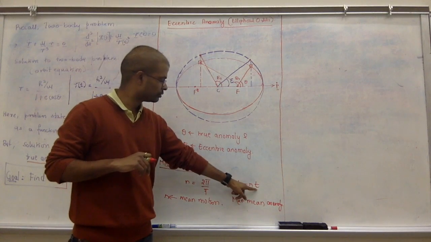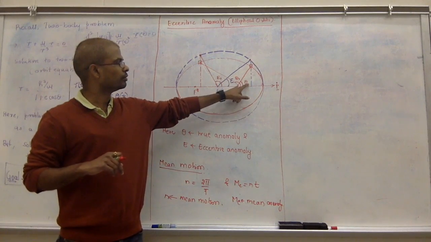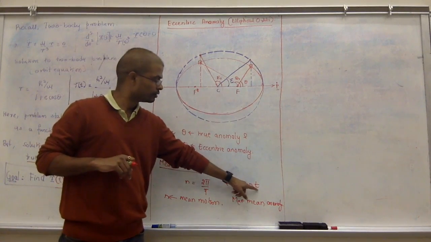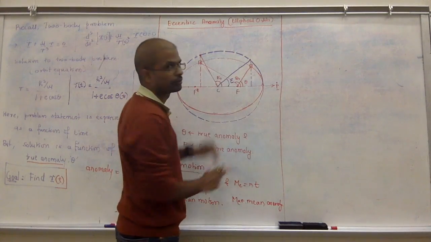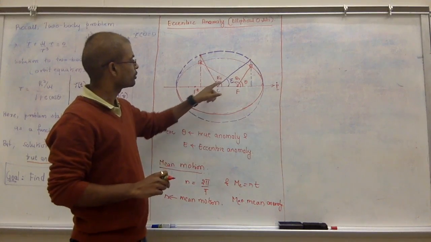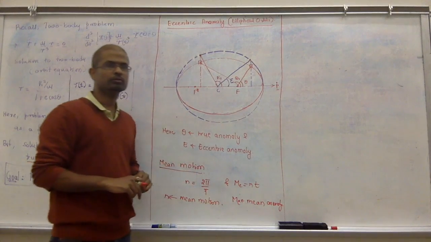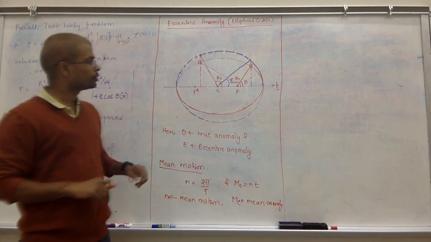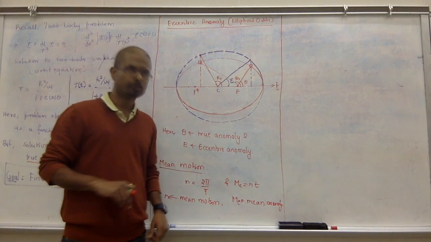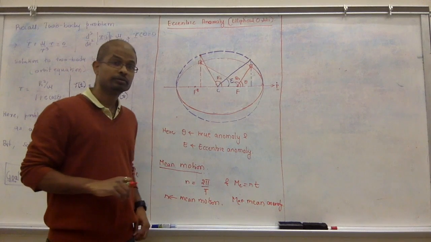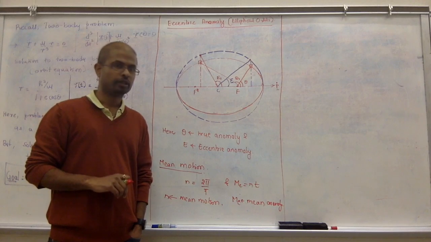For example, for the mean anomaly for theta, what is the time t? It would be the time taken to go from this point to this point. The mean anomaly for theta 1 would be the time taken to go from this point to this point. Mean anomaly will also give you an angle, and little t is changing with respect to true anomaly at a given point.